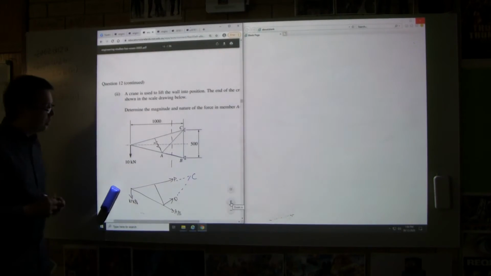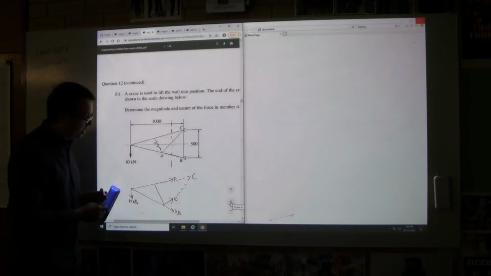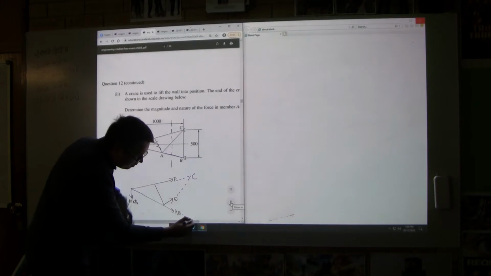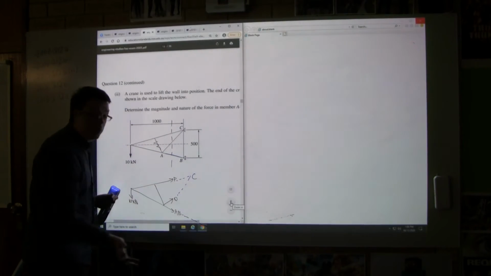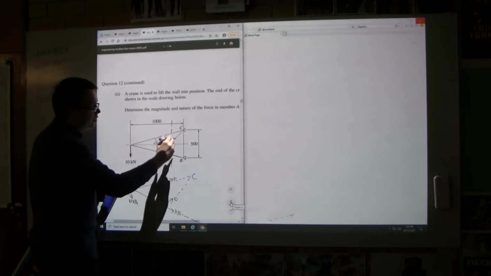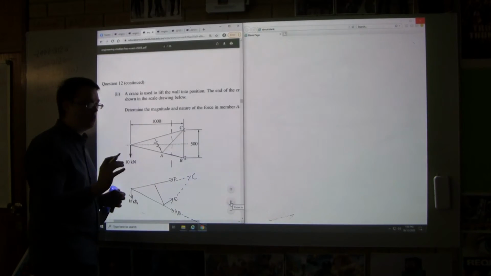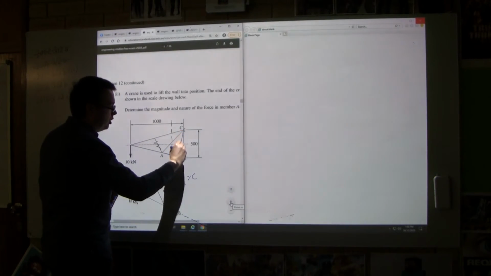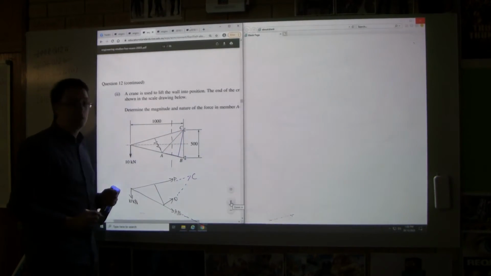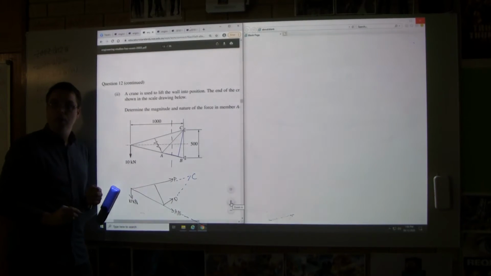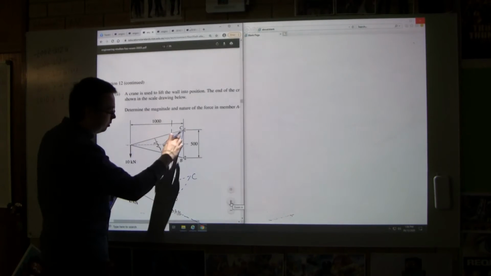Okay, so the difficult thing here is that we now have to find, I'm just extending that along, right? What we need to do is take our set square and draw a right angle triangle. I think it looks pretty close to a right angle, maybe a little bit off, pretty close.